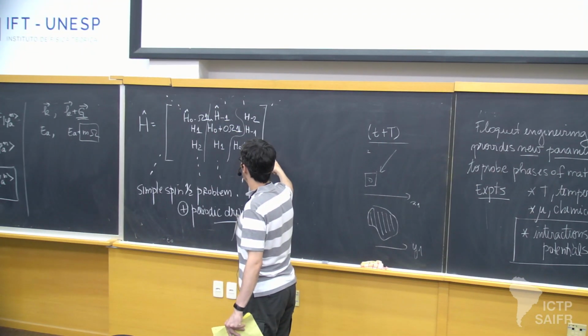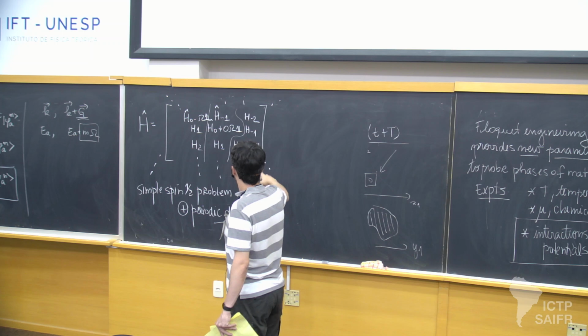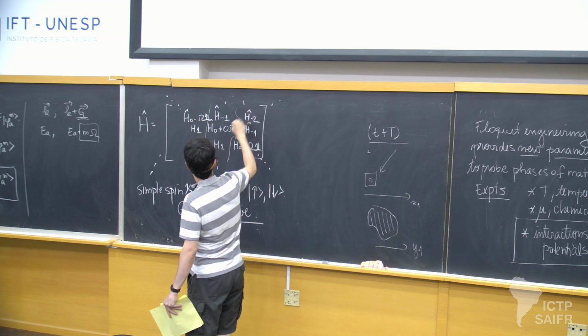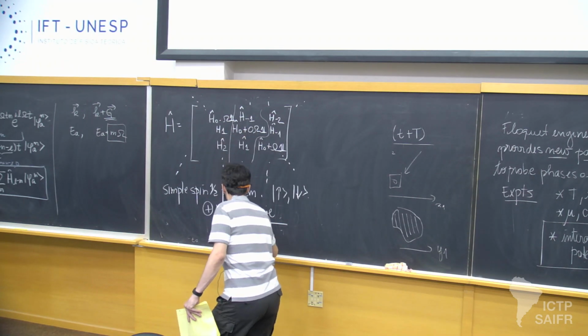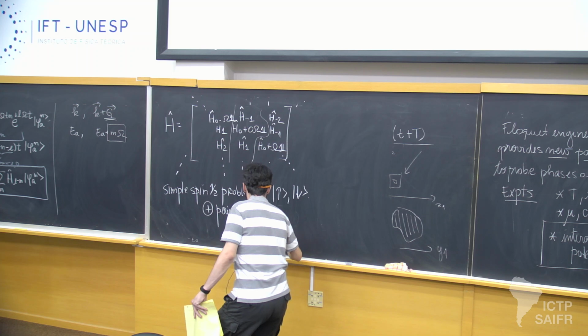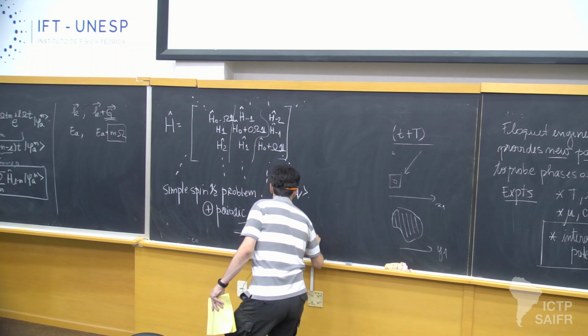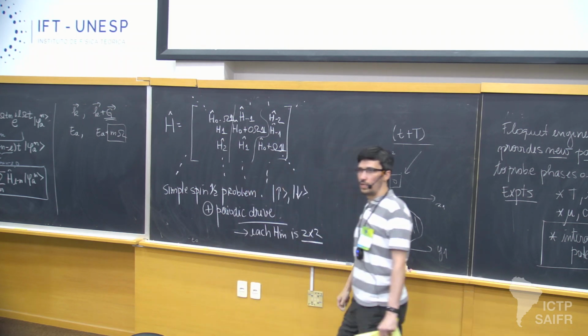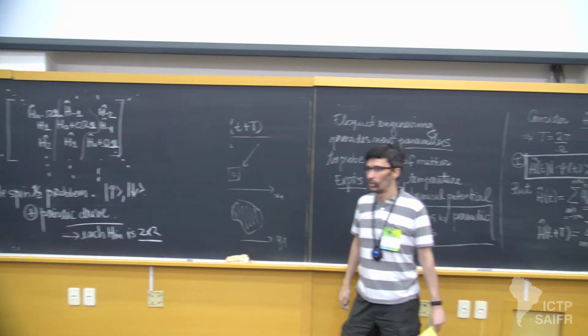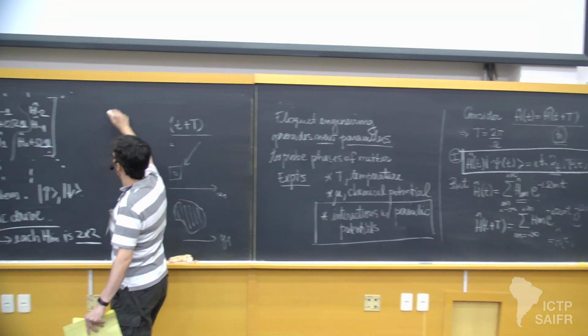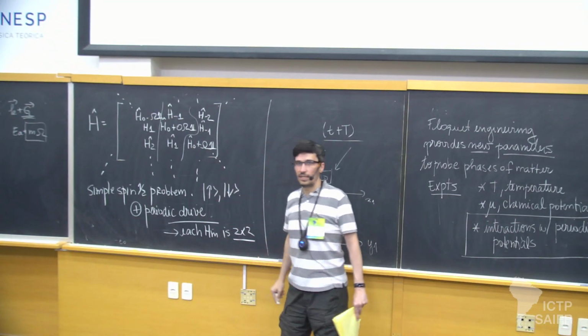Then we have this matrix like this, and for a spin half, for instance, each block, or each Mn, is 2 by 2. And then the task is to diagonalize this Hamiltonian.